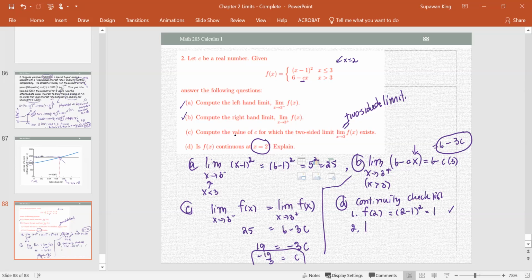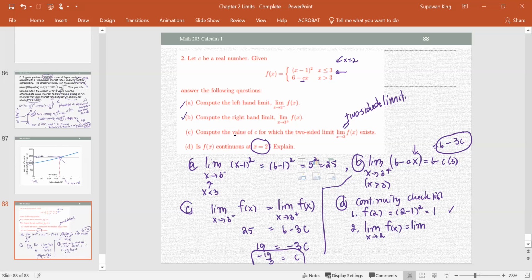Next, we're going to find the limit as x approaches 2 from the left and from the right, or the two-sided limit of the function. X approaches 2, either left side or right side, is still within the first interval, which is x less than or equal to 3.